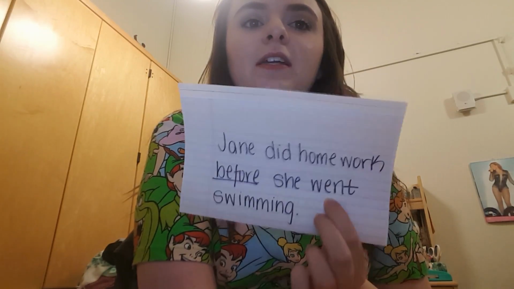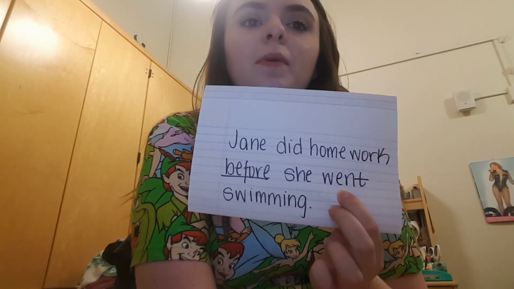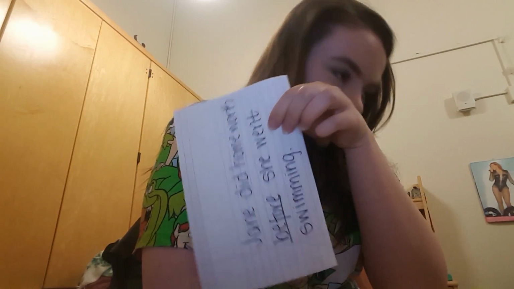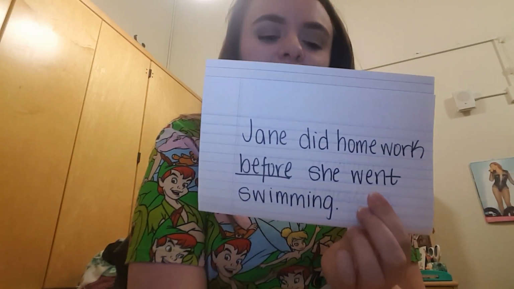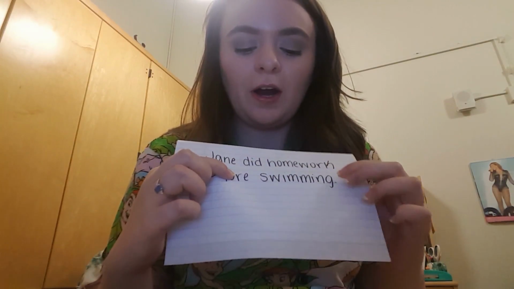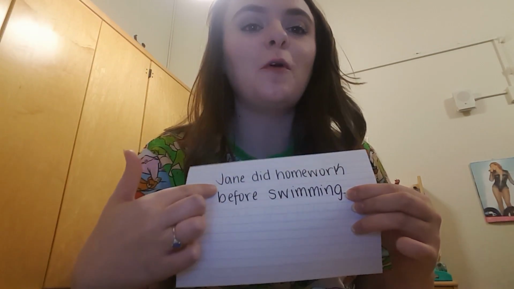So what do we do? We take the infinitive form and put ing. The infinitive form is go, right? So going is the correct form to use. So what do we get?